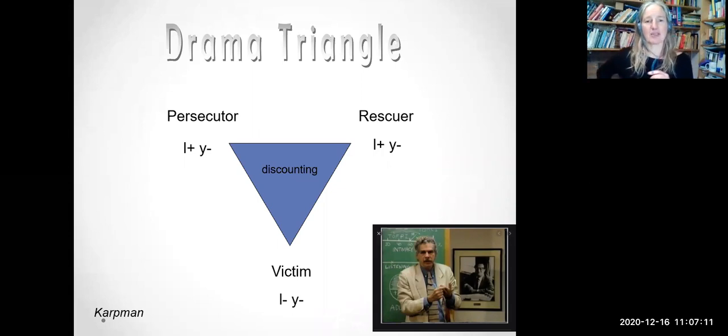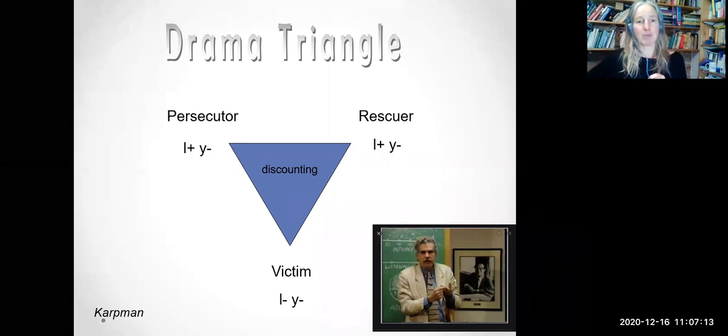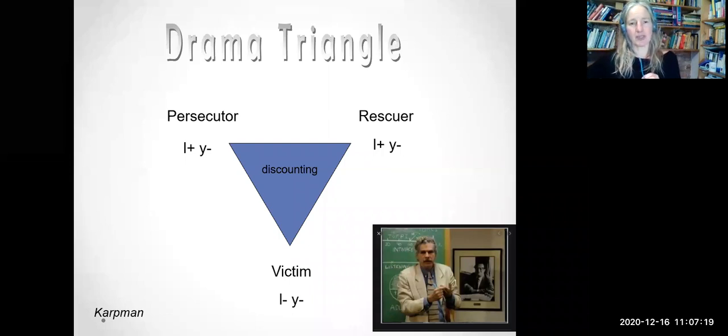The persecutor role is plus minus: I'm better than you, I'm judging, I'm nagging, I'm shouting, I'm feeling better than you, and I'm putting you down. I'll come back to the rescuer. The victim position, as we've already looked at, is that depressive position of it's all hopeless and helpless and there's no point, and I've given up all my power. I just can't do anything about it.